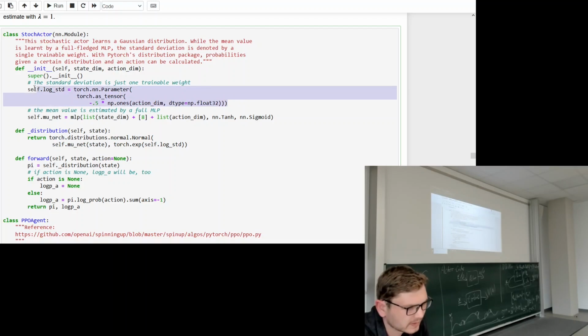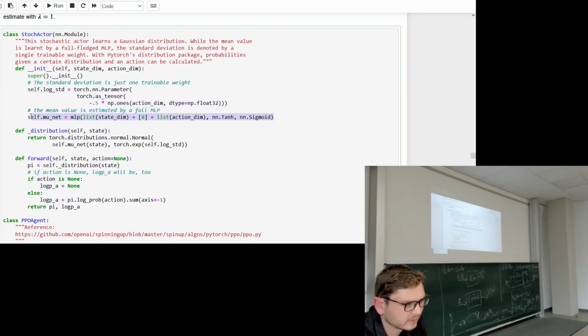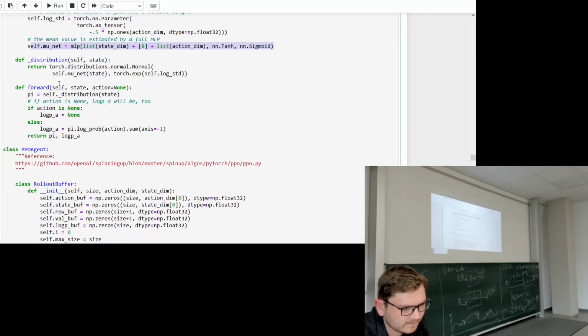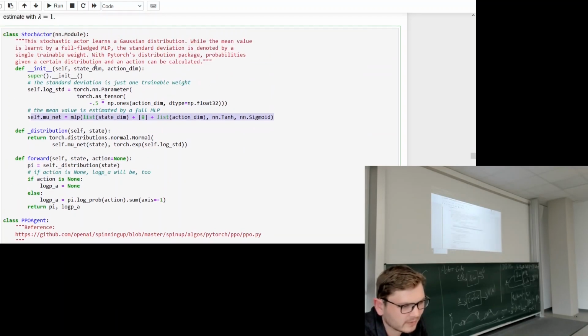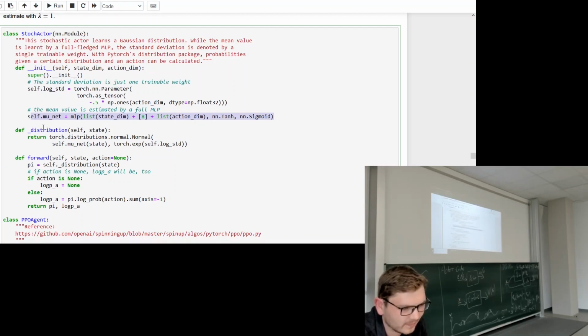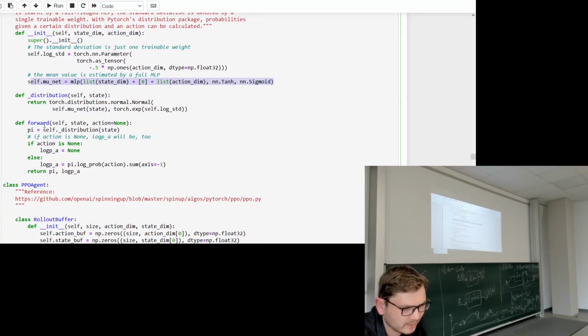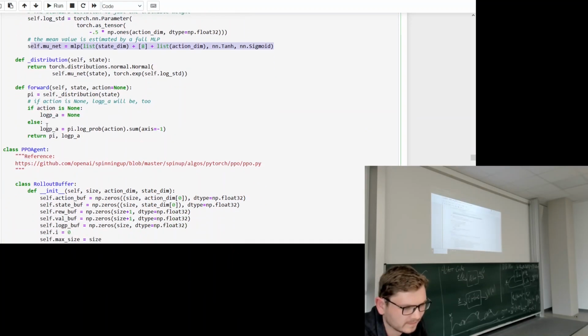The standard deviation is just a constant, and the mean of this Gaussian distribution is what we are changing. And this is everything you need to know about the stochasticity of this actor. The rest is actually pretty similar to what we've already seen.